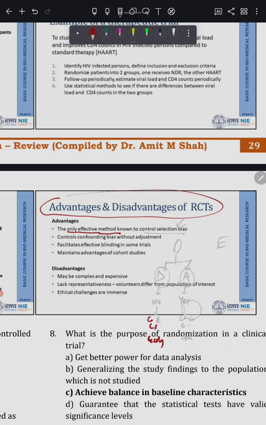Now coming back to our topic, it controls confounding bias without adjustment. It controls it without the need for statistical adjustment, because groups are equal at baseline. Any difference in outcome can be attributed to the intervention.